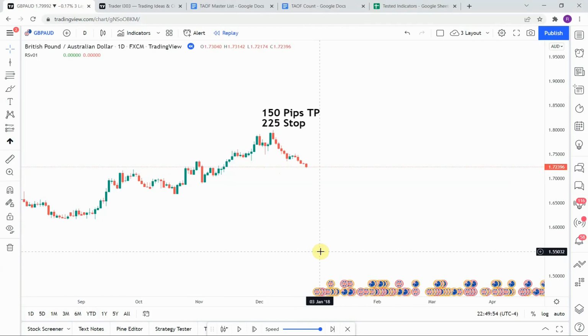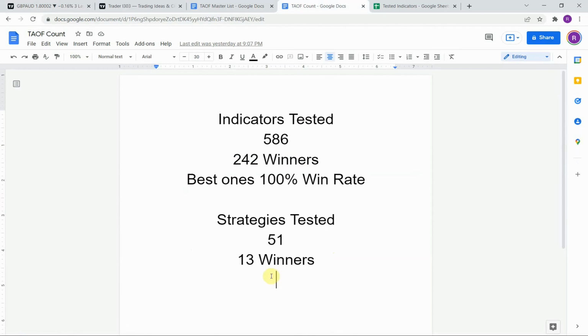Alright, as I said, today we will be testing the RSI Screener V1. Before we do though, I wanted to put the testing scoreboard up for everyone to see. So to date, we have tested a total of 51 different strategies, with 13 of them being profitable. We've also tested a total of 586 indicators, with 242 of them being winners.